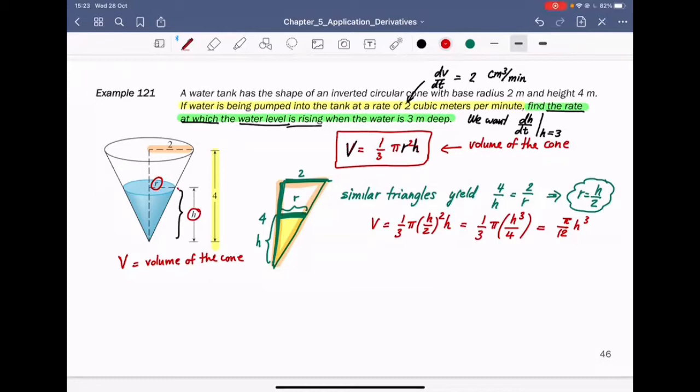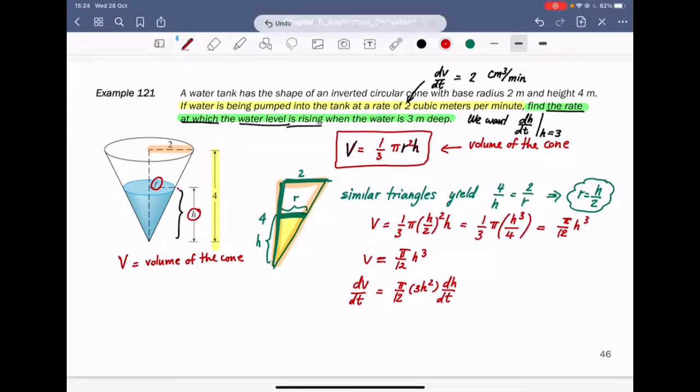Now once you have V equals pi over 12 times h cubed, you can differentiate with respect to t. So you get dV/dt equals pi over 12 times 3h squared dh/dt, right? This is by the chain rule again. And now you are ready to plug in everything.